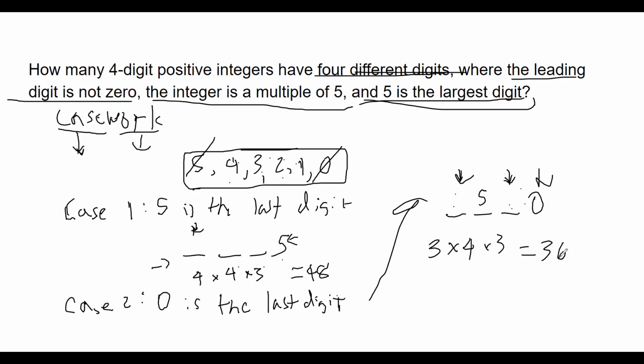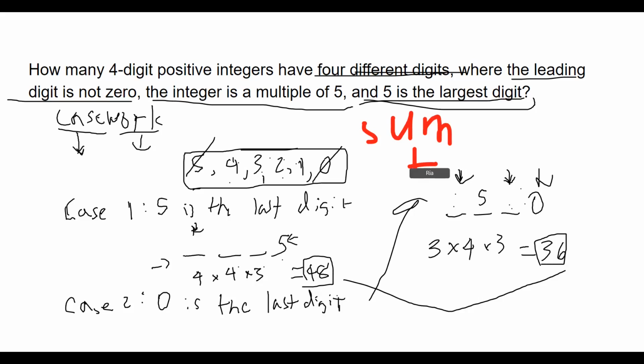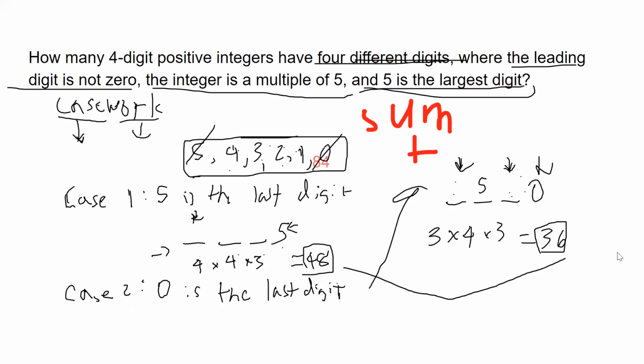And now at the end, what do we do with these last 2 numbers, 48 and 36? Do we add them? Do we multiply them? That's right. We add them to get 84.